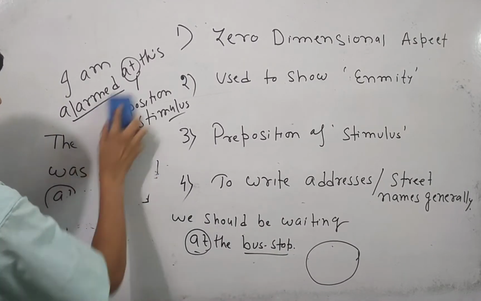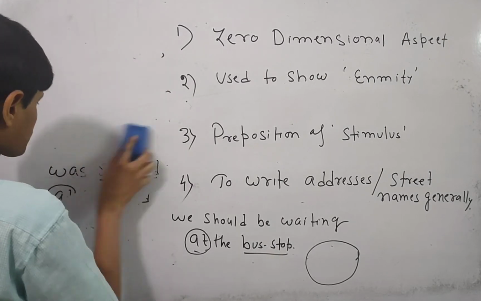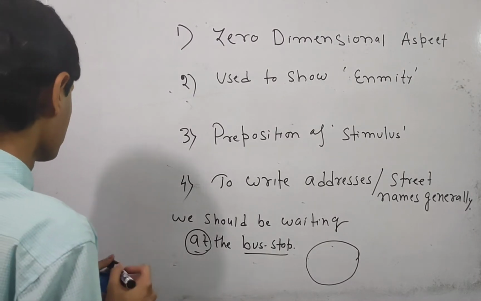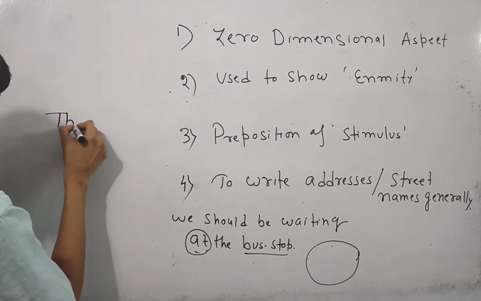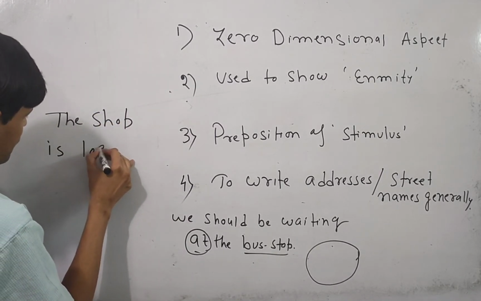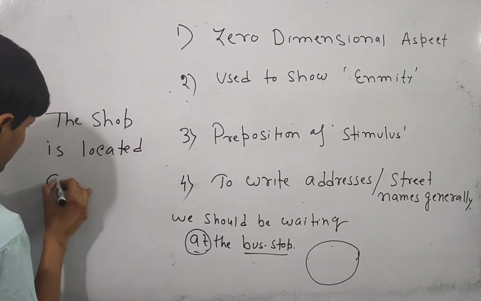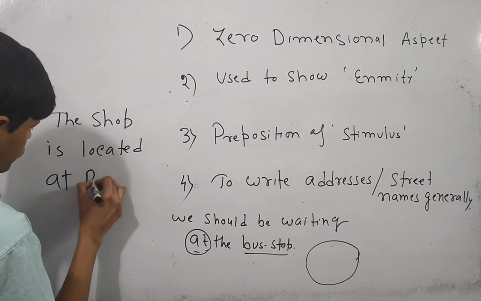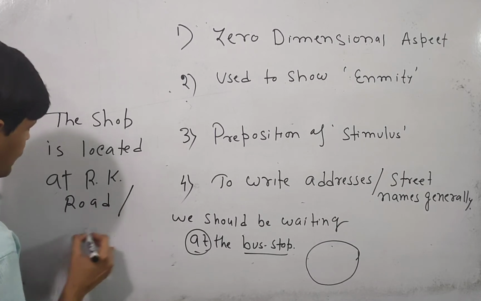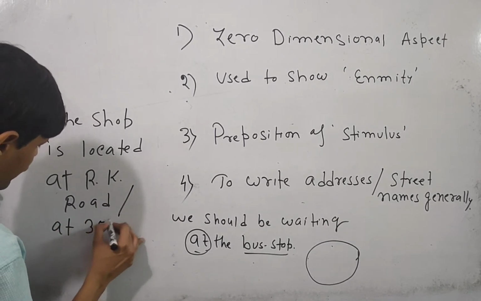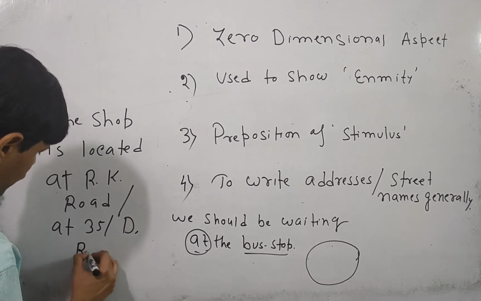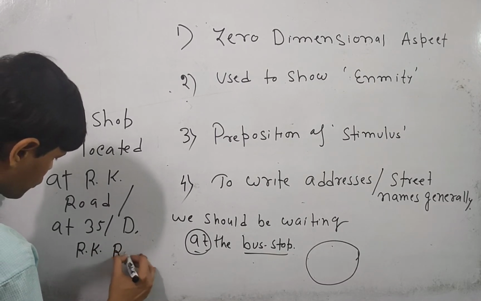For example, if I just write, the shop is located, means situated, located at RK Road, or you can say at 35D RK Road.